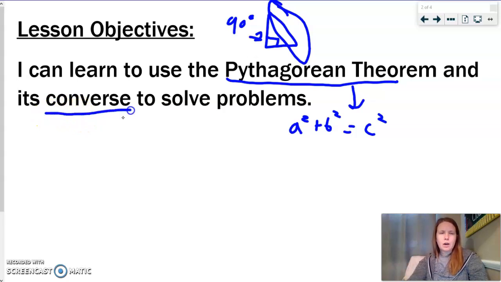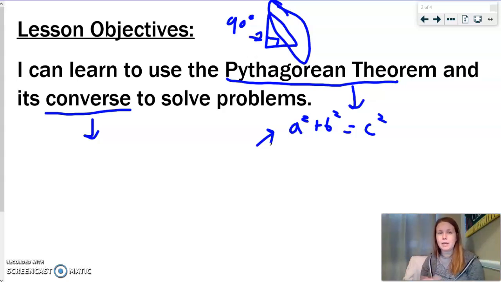And its converse. This converse is really more so the definition of a Pythagorean theorem. So a lot of the stuff we're going to look at today is going to ask, can you tell if it's a right triangle? Well, remember, right triangles can use the Pythagorean theorem, so we're going to be able to use the Pythagorean theorem to conclude if things are right triangles.